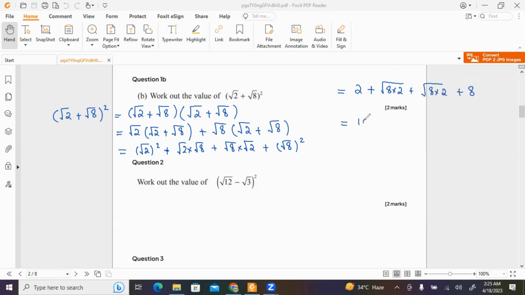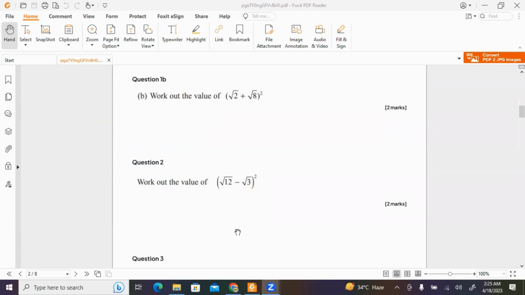So it's going to be 10 plus square root 16 plus square root 16. Why square root 16? Because 8 times 2 is 16. Now 16 is a square number because 4 square is 16. So we can rewrite root 16 as 4. And 18 is our final answer.